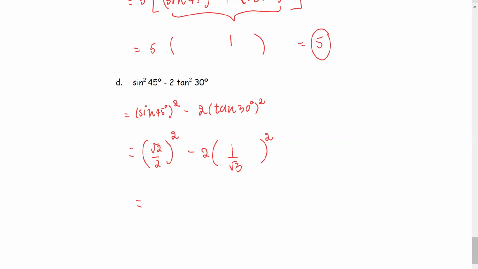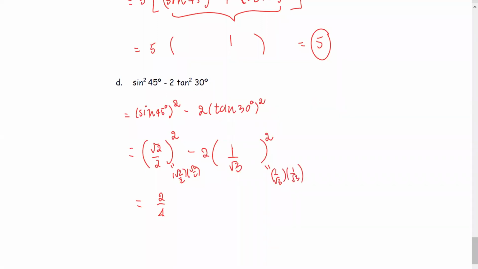Simplify the numbers. Square root 2 over 2 times itself twice. We will get 2 over 4. It's from square root 2 over 2 multiplied by square root 2 over 2. And similarly over here, 1 over square root 3 multiplied by 1 over square root 3.